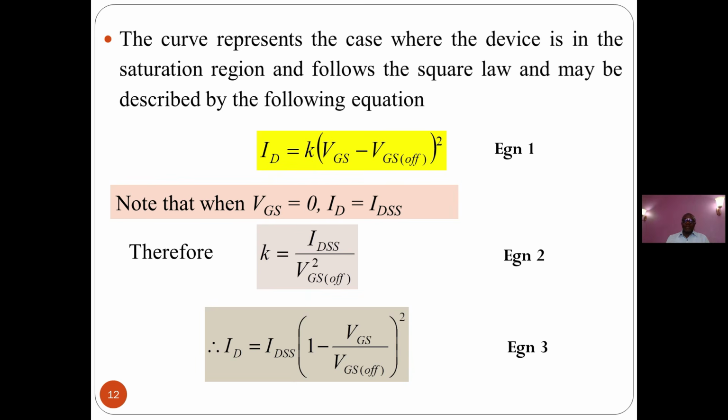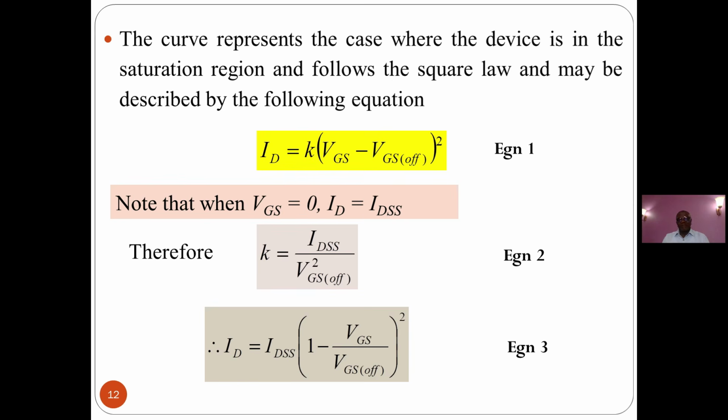So you see that a small change, which is just 1 unit change, from 5 to 6 of VGS will increase the current from 1 to 4, showing that there will be a sharp rise. That is the meaning of the square law, that the slightest change gives a very large differential output.